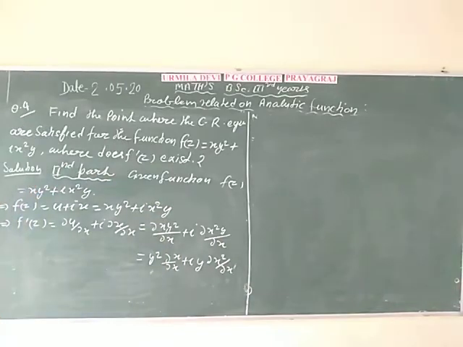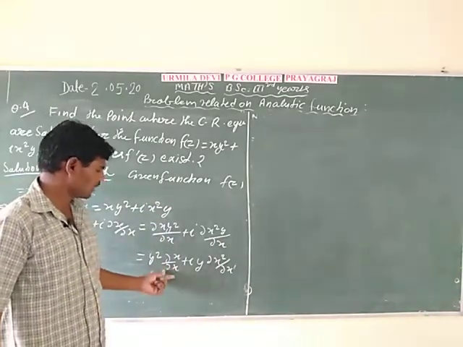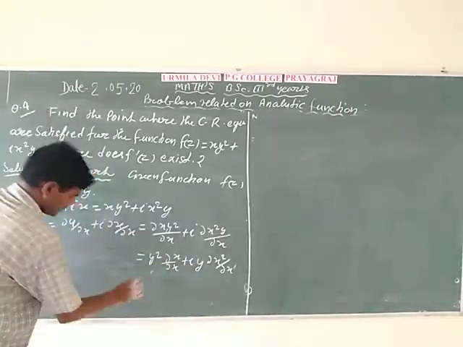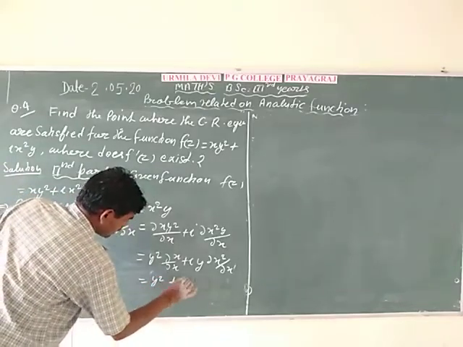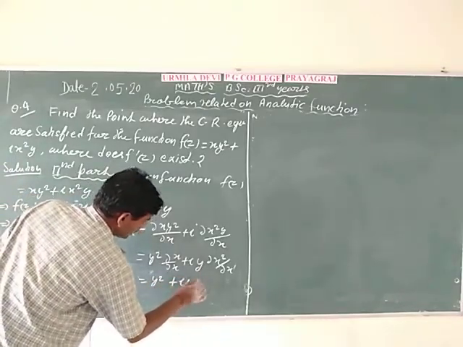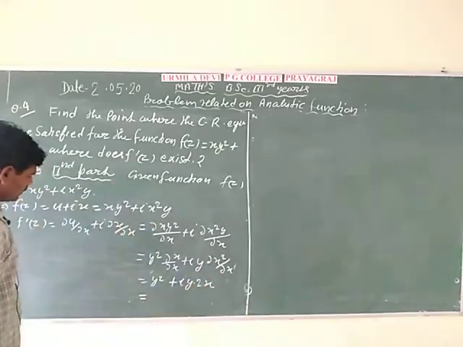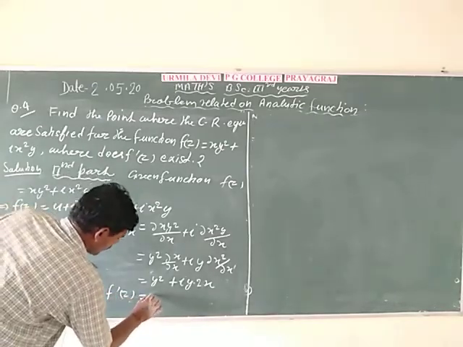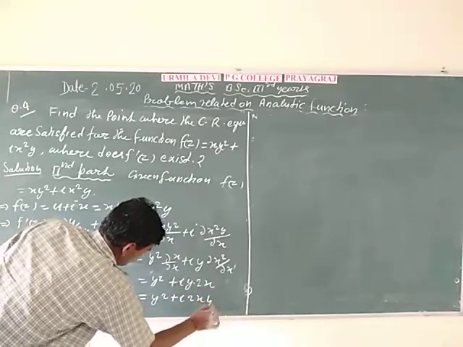According to the rules of differentiation, del x by del x is equal to 1 and del x square by del x is equal to 2x. So putting these values, y square times 1 plus i times y into 2x. After simplification, f dash z is equal to y square plus i times 2xy.